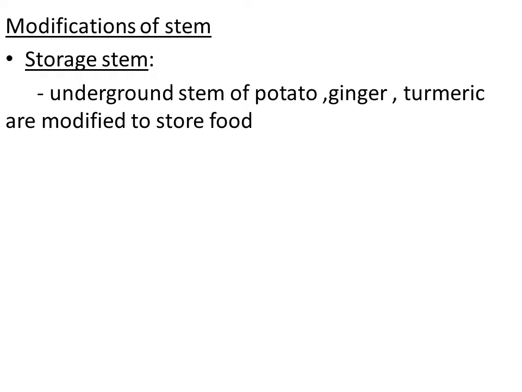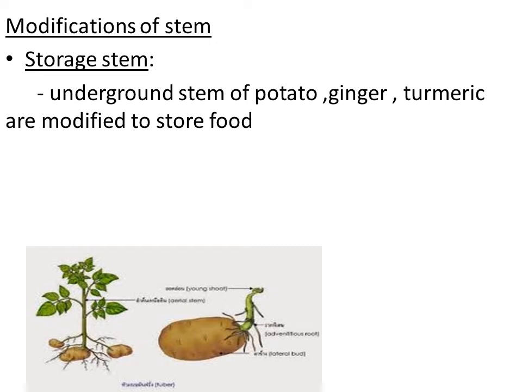From the underground stem of the potato plant, a number of branches arise. You can see in the diagram, the main plant of potato is shown. We can find the number of branches arising from the base of the stem, right? The base of the stem is buried in the soil, and those branches store the food at the tip region.